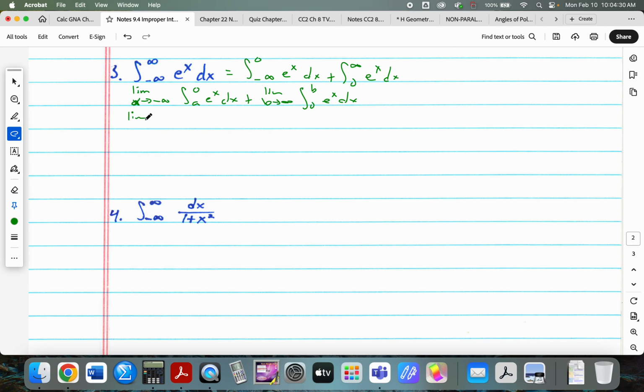So that'll be the limit as a goes to negative infinity of e to the x from a to 0, plus the limit as b goes to infinity of e to the x from 0 to b.